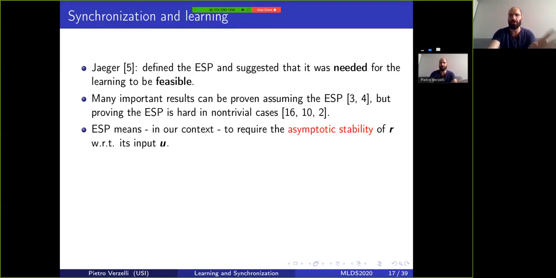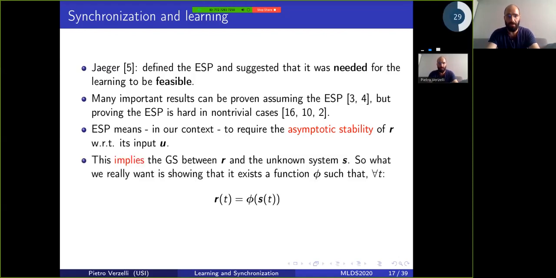If you go check the definition, they would be identical, basically. But this, as we've been saying before, implies the generalized synchronization between the reservoir and the unknown system S, right? Because the relationship was valid in both senses. So asymptotic stability implies generalized synchronization.